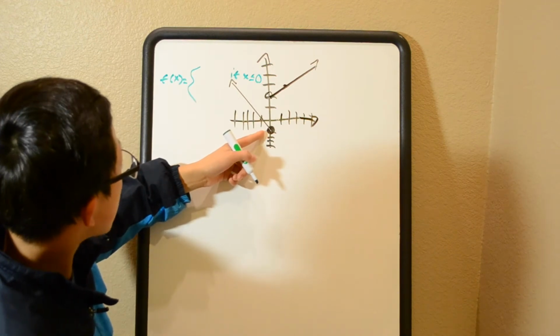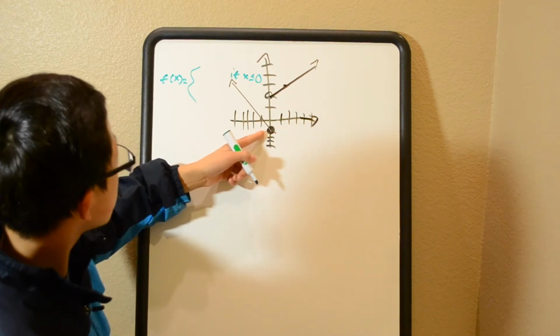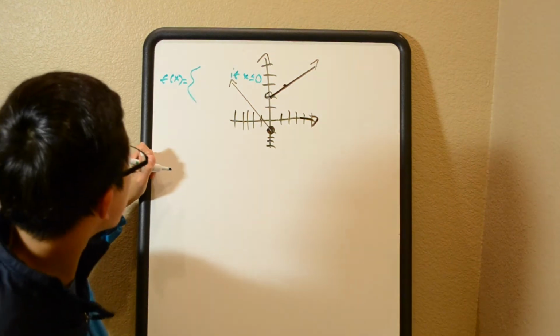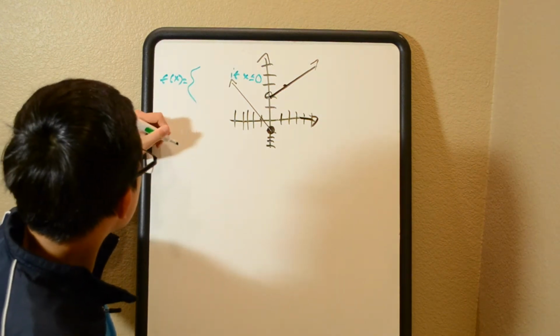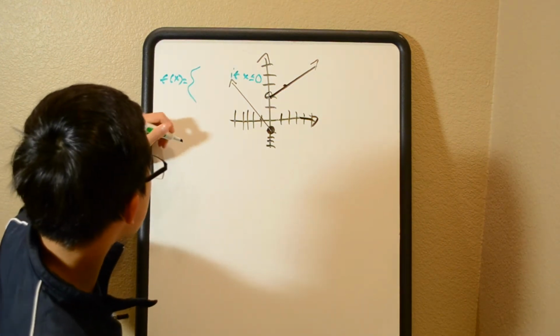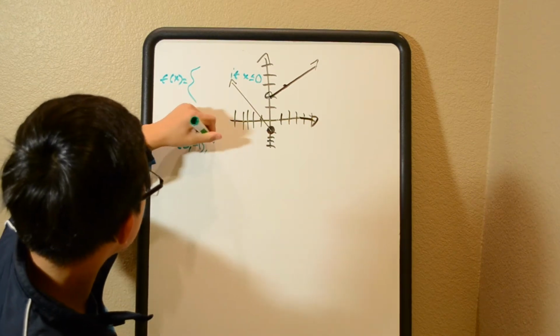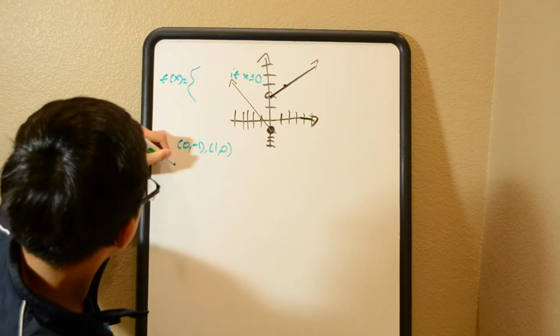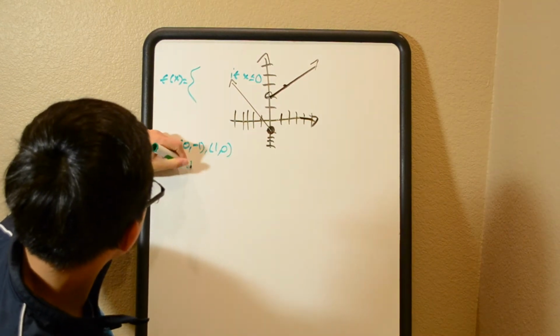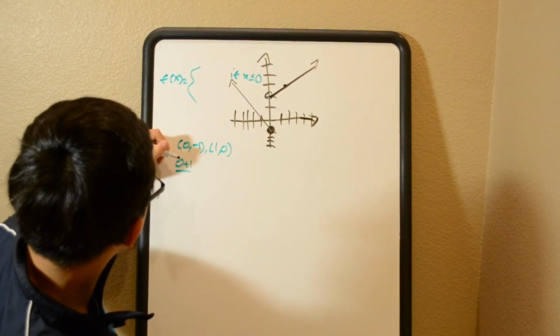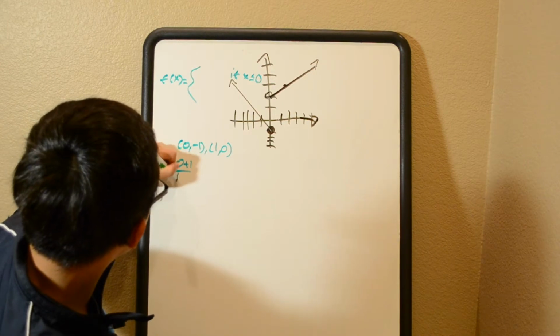And we see that this line has a slope of 1. Let's calculate it using the formula. So we have the point (0, -1) and we have the point (1, 0). So 0 plus 1 over 1 minus 0.